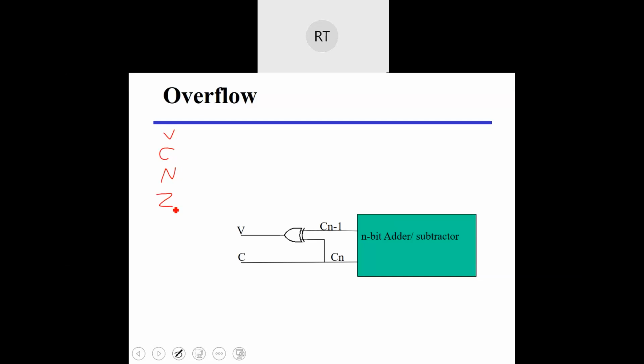Z will be a 1 if your answer is all zeros. The 8 bits are zeros. Okay, so N is going to be 1 if the answer is negative. C is going to be 1 if you have a carry.